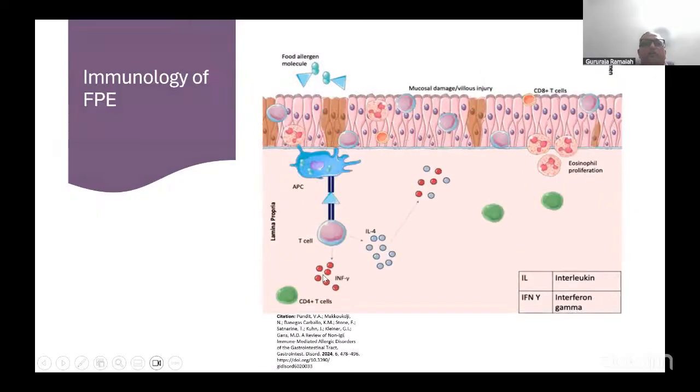So coming to the immunology of food protein-induced enteropathy, here it is taken up by dendritic cells, presents to T cells, there's IL-4 and interferon gamma. There is also involvement of cytotoxic T cells, and here also T cells cause mucosal damage and villus injury. This is a chronic condition, presents as failure to thrive, diarrhea, and all those things.